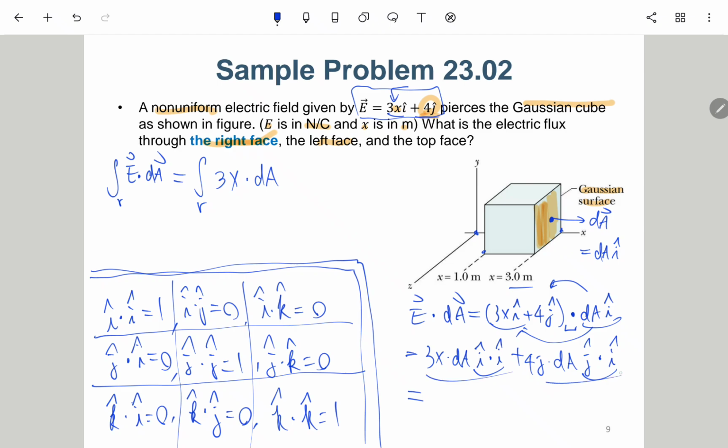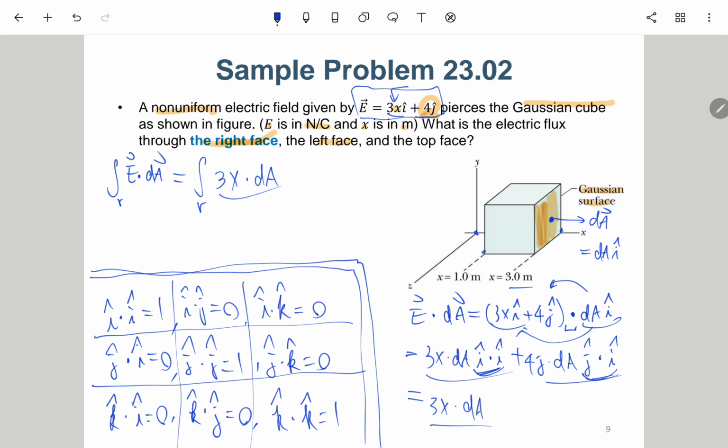In that case, if you can write the vector in the unit vector notation, we can consider it like this, and you just need to remember that i dot i is 1. So we have 3x times dA, and j dot i is 0, so nothing. It turns out to be 3x times dA, and it already becomes a scalar.